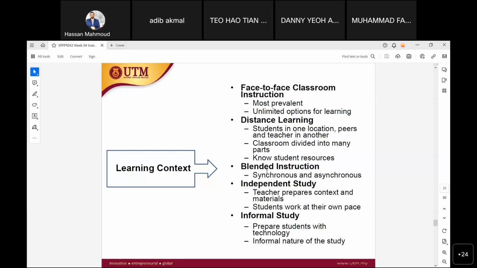All these terms are confusing, but you need to understand them. So one more time: the learning context that we are conducting right now is called distance learning. Why? Because we are in different locations. Are we conducting synchronous or asynchronous? Synchronous, because we are live together.